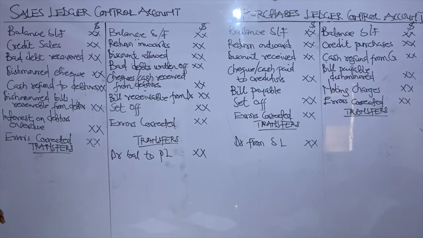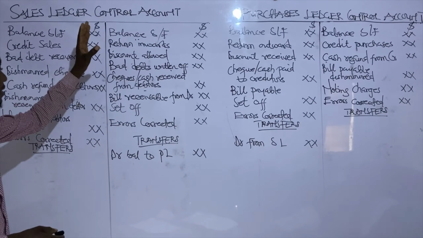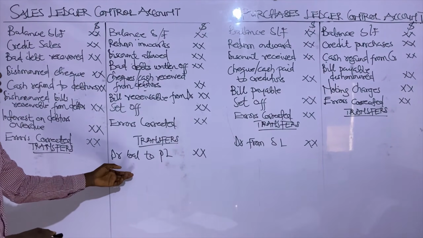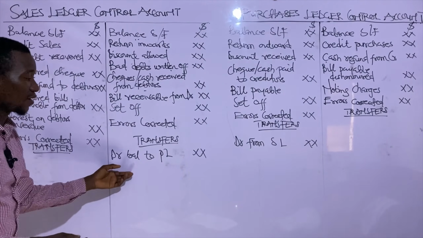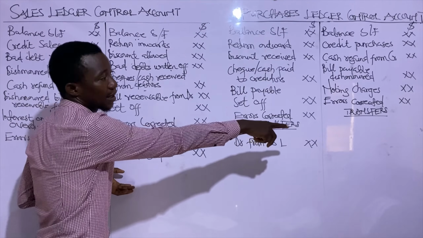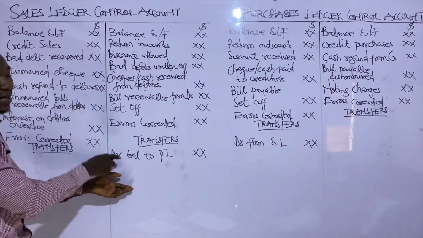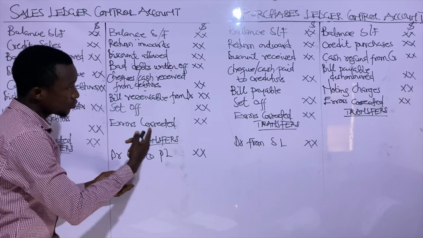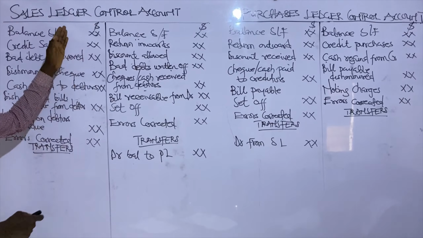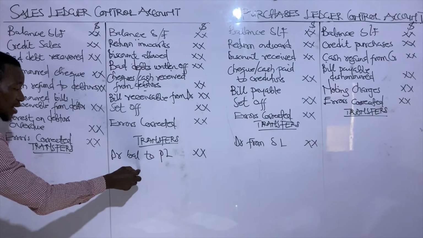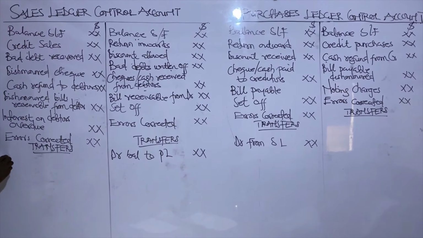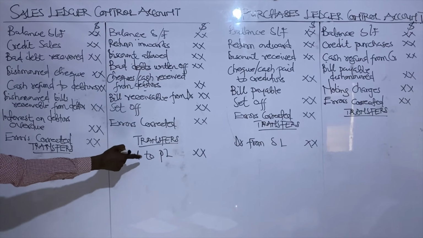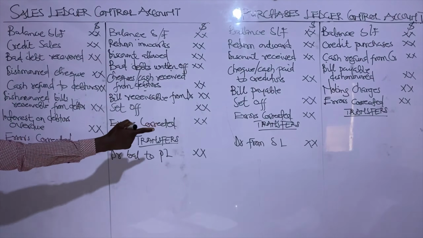You could also have a credit balance of the sales ledger transferred to purchases ledger. If it is a credit balance, it will be recorded at the credit side. The reason is a credit balance of the sales ledger is transferred to a purchases ledger. So if it is a credit balance, we need to come and record it at the debit side to write off the credit balance before we transfer.